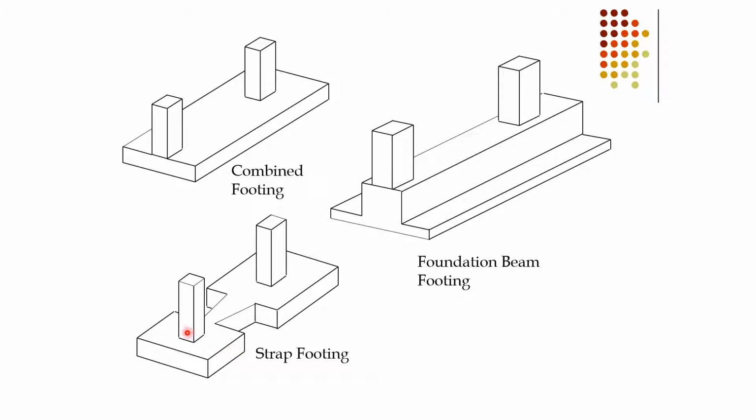Means two foundations are connected by a smaller element of slab or by a beam. And if both footings are first connected with a beam, which then transfers load to the soil, that is a foundation beam footing. These are all examples of combined footing.